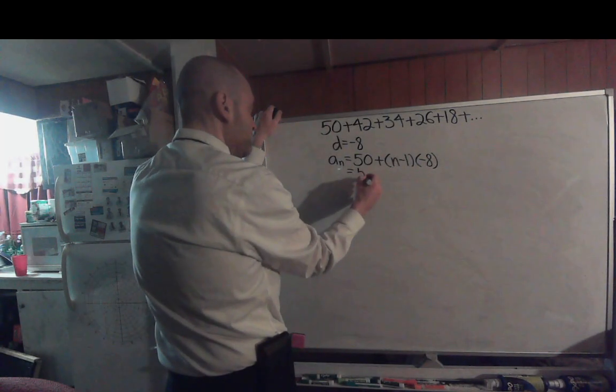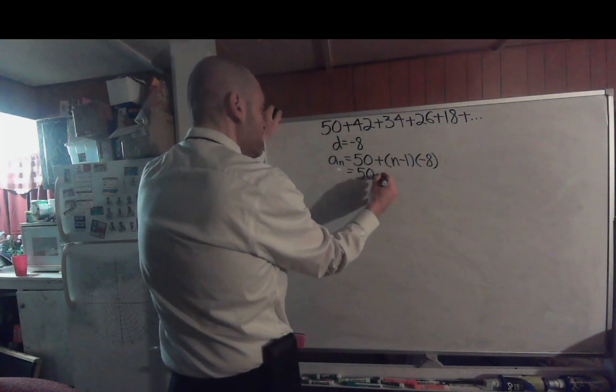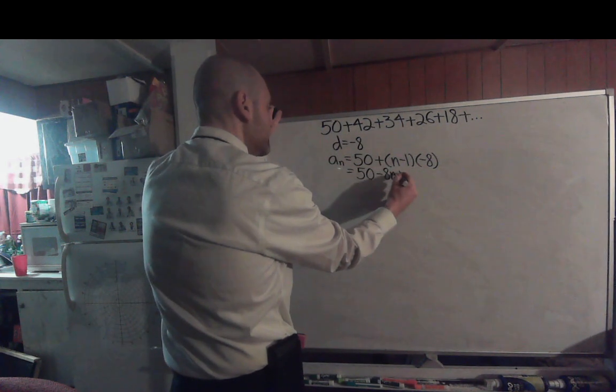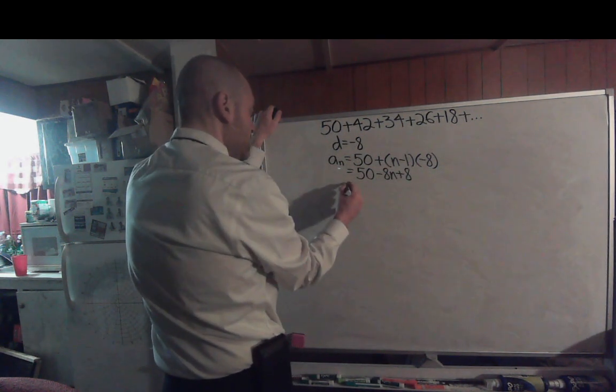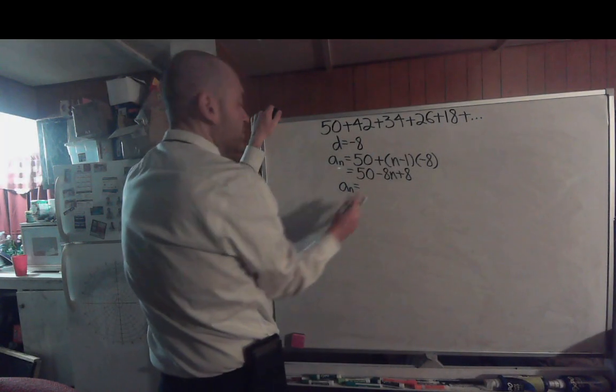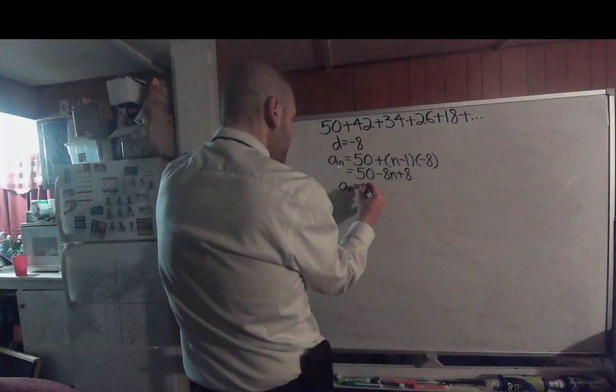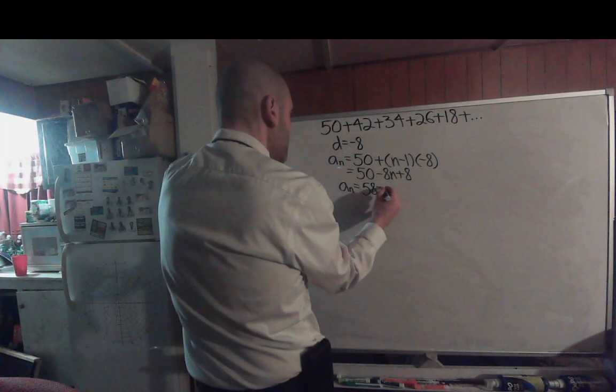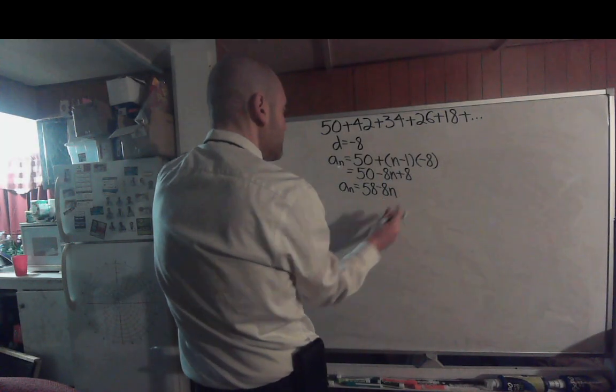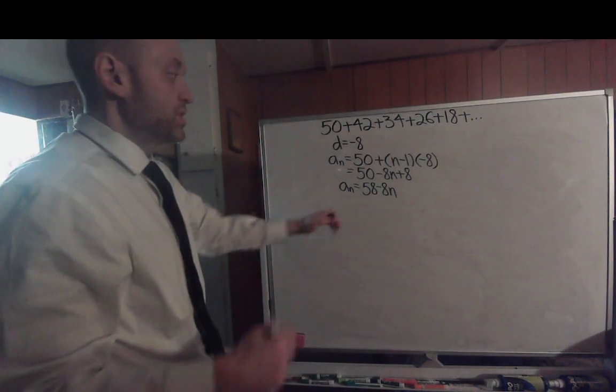So this would simplify into 50 minus 8n plus 8, which means the formula for the sequence is going to end up being 58 minus 8n.